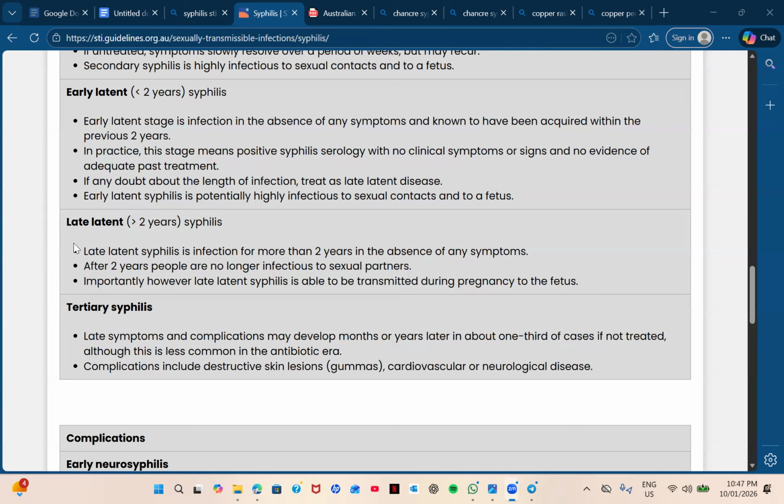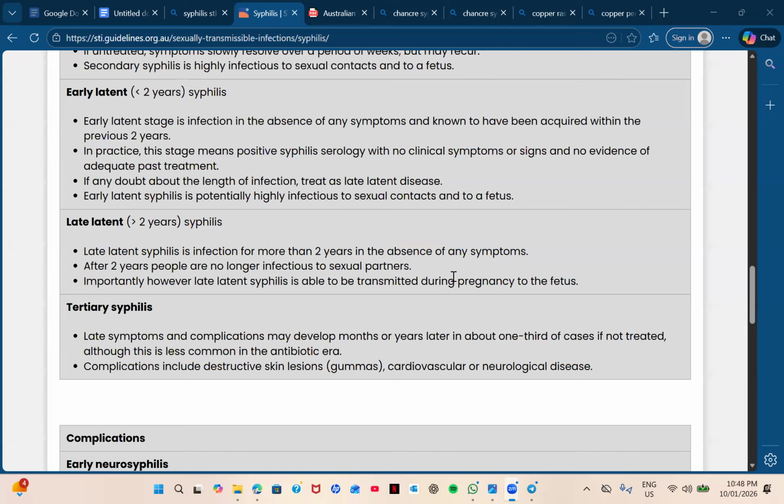Then late latent. If you have doubts, please write down the stages and the most important points. Late latent is more than 2 years of infection in the absence of any symptoms. After 2 years, people are no longer infectious to sexual partners.